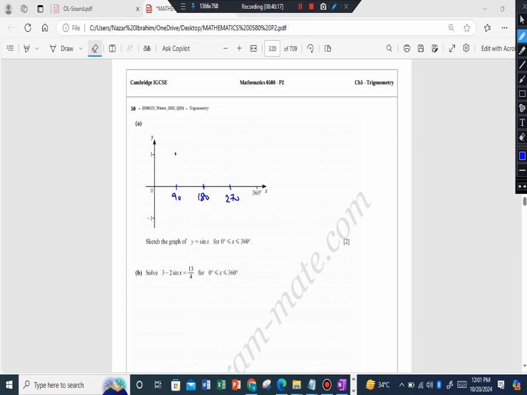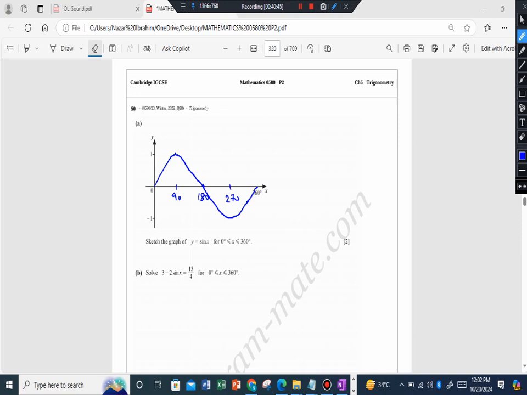And sine 270 is minus 1 and 360, right? This will be somewhere like this. Clear? Okay.